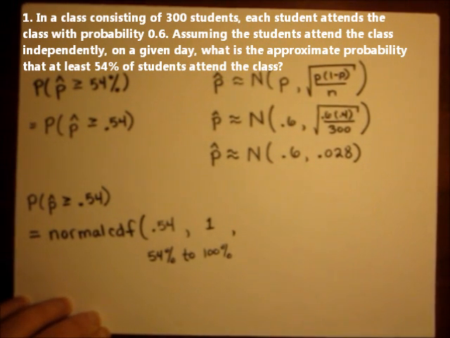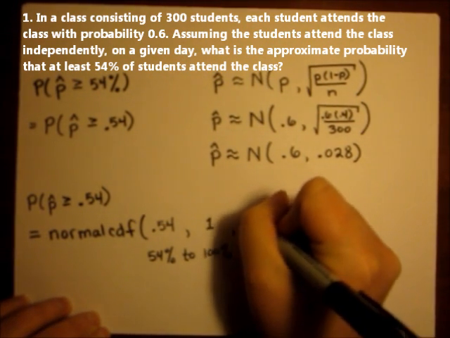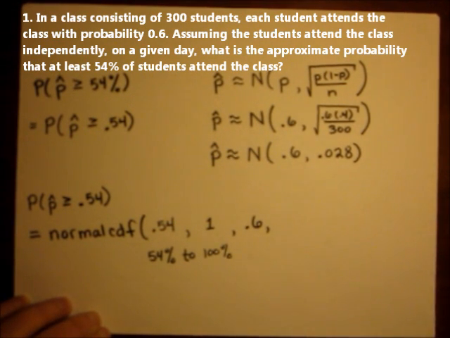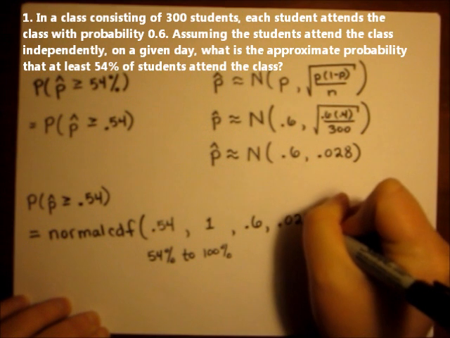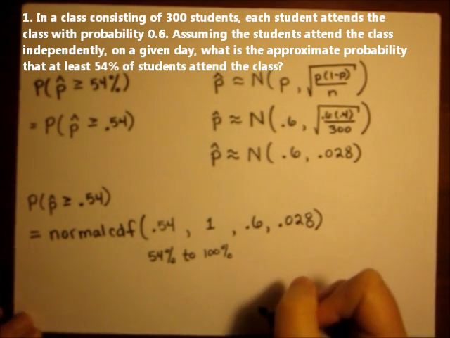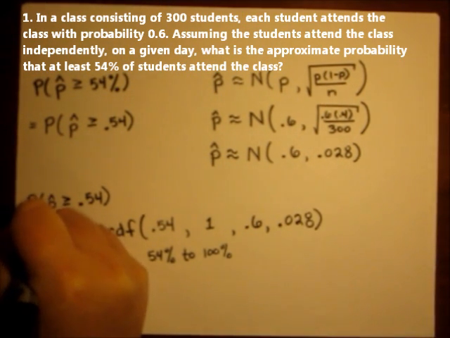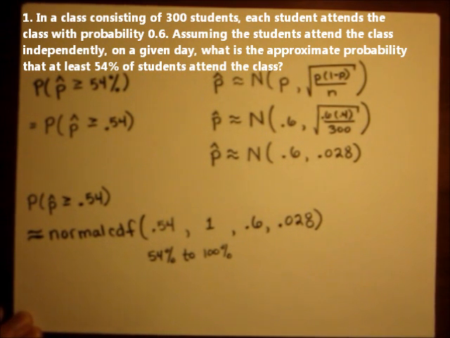Okay, and then my third number is the mean, which is 0.6. And the fourth number is the standard deviation. In this example, that's about 0.028. So this is really only giving us an approximate probability, and also p hat is only approximately normal. So this is all approximate.